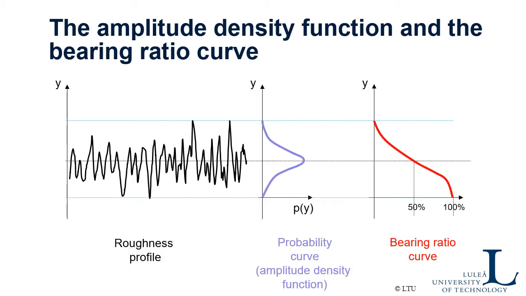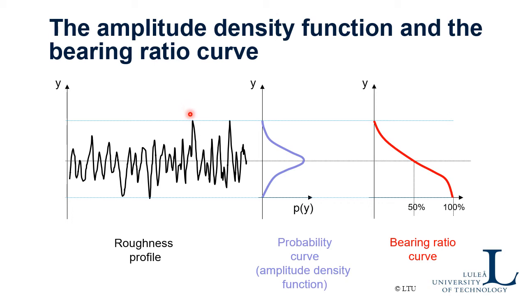Another set of parameters is around the amplitude density function, or the bearing ratio curve, or the Abbott curve. This one is used relatively much in industry, I would say. So if you have your roughness profile like this, you can get a probability curve. It tells you what's the probability to find the surface. Up here, there is 0 probability to find the surface.